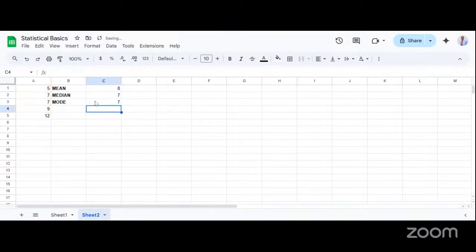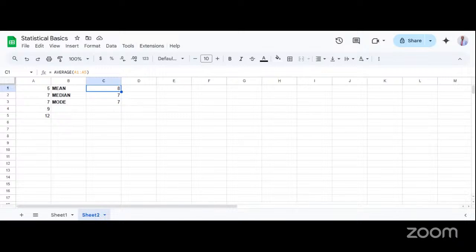So you see that this is a very centralized data set, because most of the values are actually close to each other. Our mode here is 7, our median is 7, then our mean is 8. So the difference between all these values is just 1 unit. Between 7 and 8 is just 1 unit. It means that they're very closely linked or close to each other.